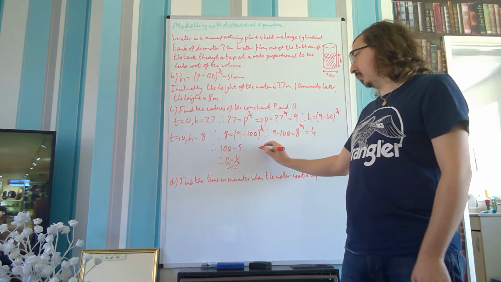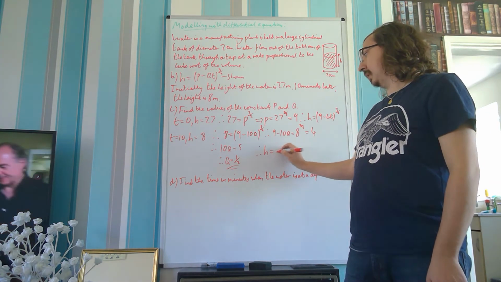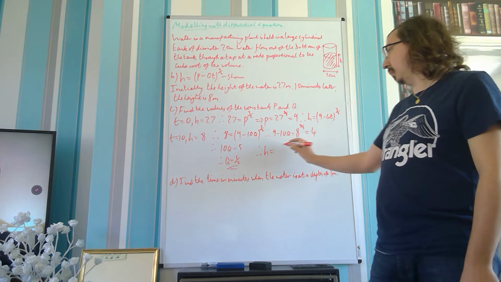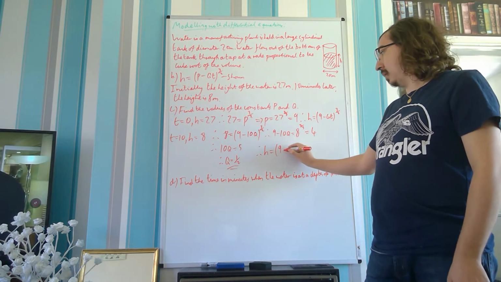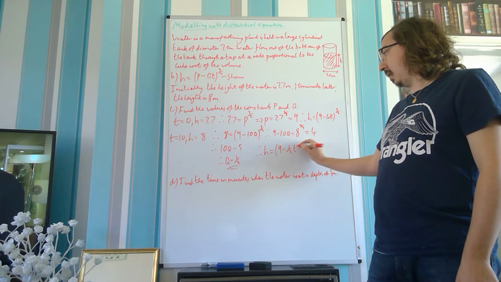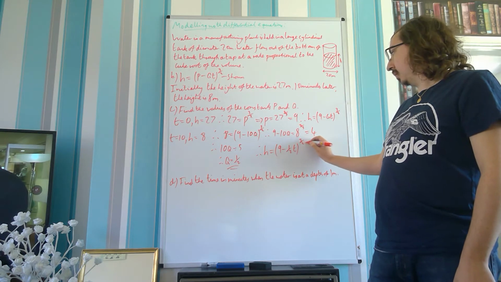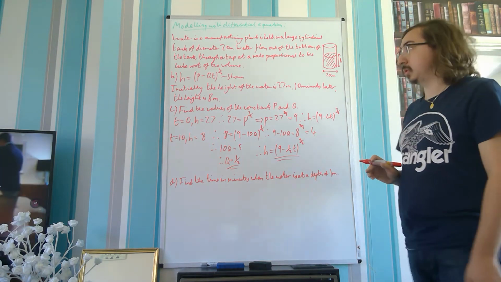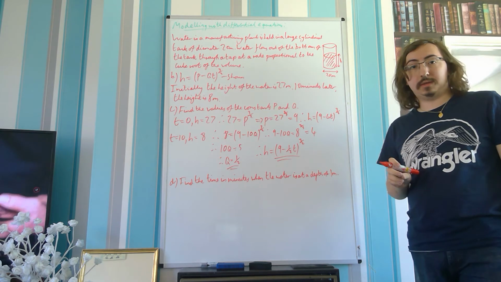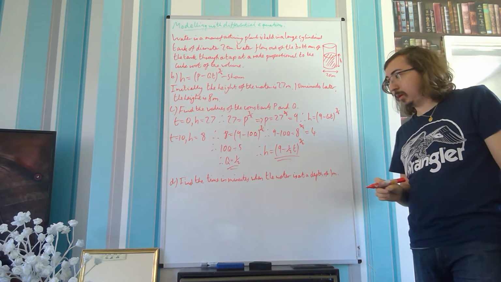So with both of those, we can state our particular solution. h is equal to (9 minus 1/2 t) to the power of 3/2. So that is our particular solution to this problem.